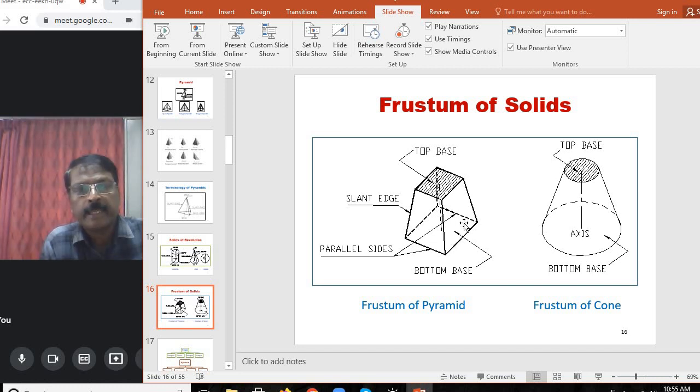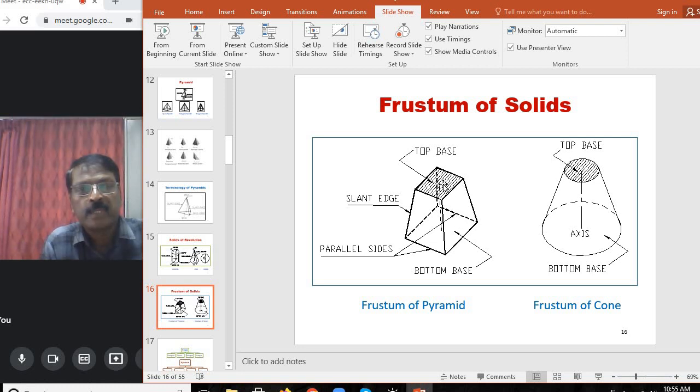When you consider a pyramid, and some portion is cut and removed parallel to the base or perpendicular to the axis, the top portion is removed and the remaining portion is called the frustum of a pyramid. We consider a square pyramid here.